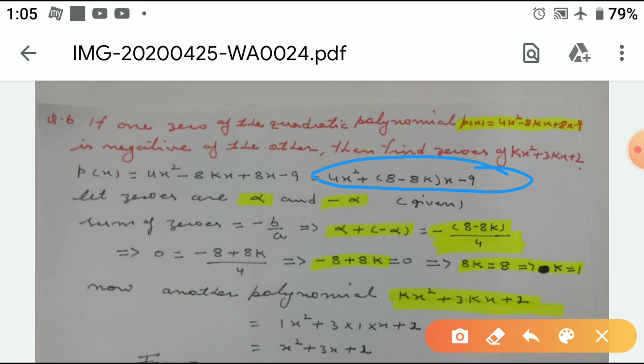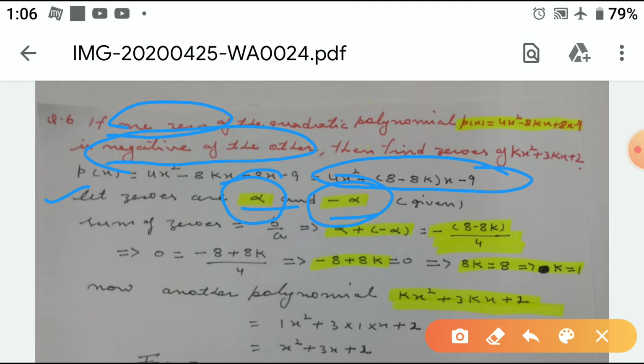Now he's saying let the two zeros be alpha and minus alpha, otherwise we take alpha and beta. But in this question he's saying one of the zeros is negative of the other. Look at this, one of the zeros is negative of the other. So one zero is alpha, the other zero should be minus alpha. This is an important step. Clear?